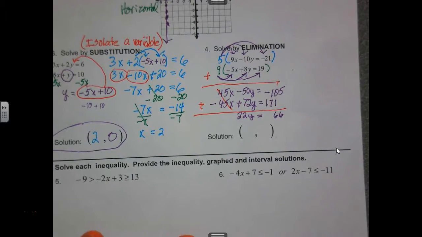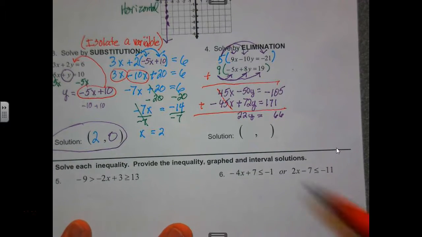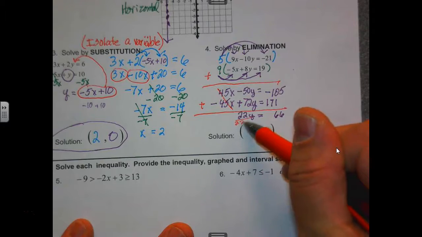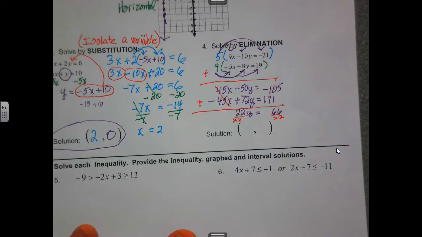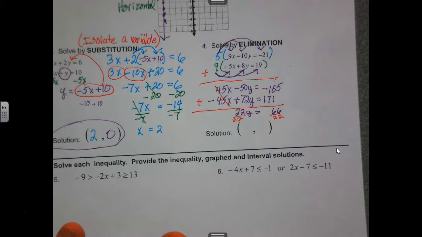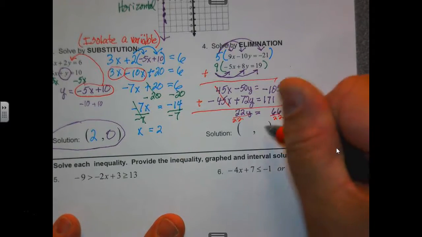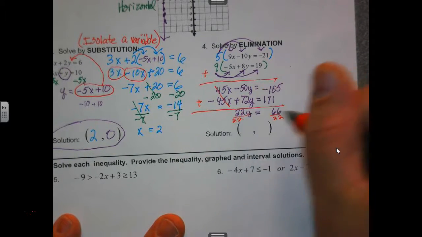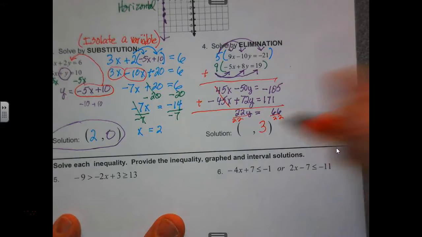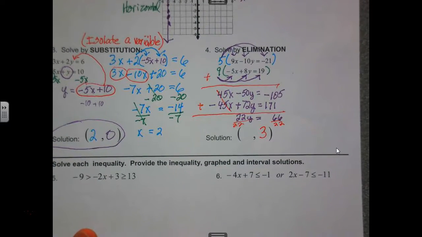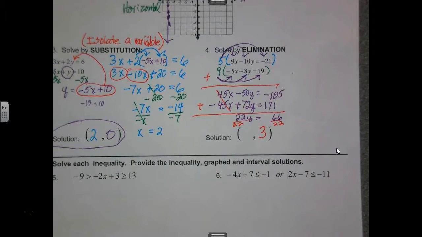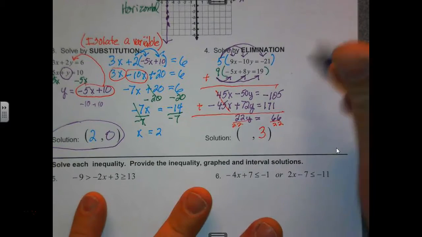Divide both sides by 22. And what's y? 66 divided by 22. 3. Careful, it's y. There's my y coordinate, 3. Okay, go back and choose one. Top one?